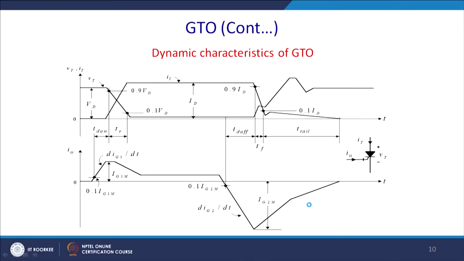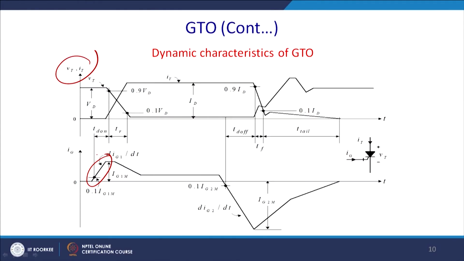Now, these are the dynamic characteristics of the GTO. This is the voltage and current across this device. Once you initiate turn-on, since there is a junction capacitance, it is just like charging a capacitor, so it will be a ramping on. Voltage across this device will gradually fall and it will gradually come into conduction mode.